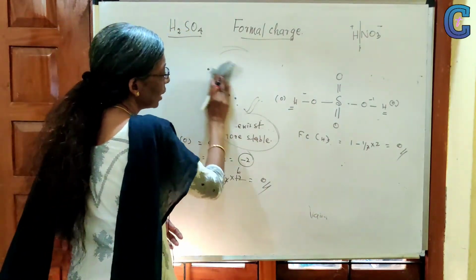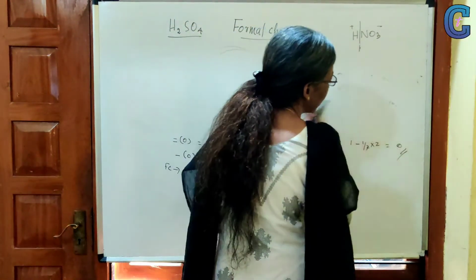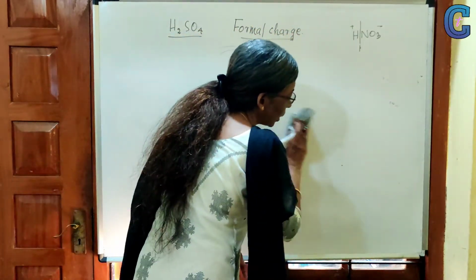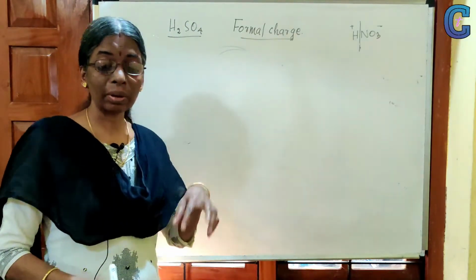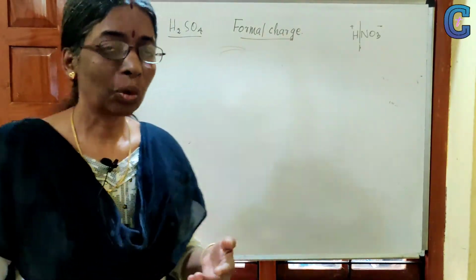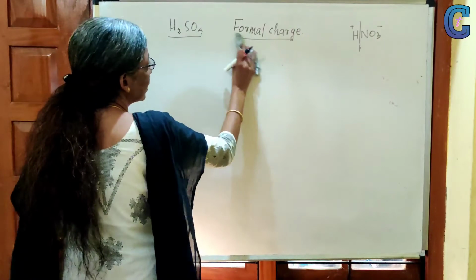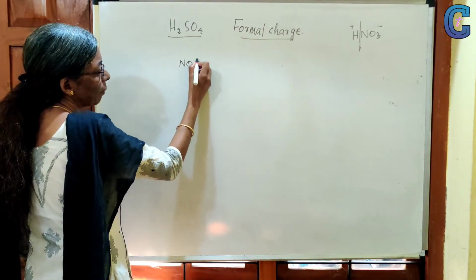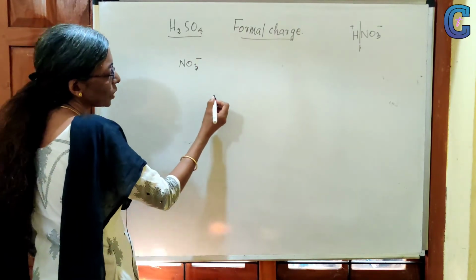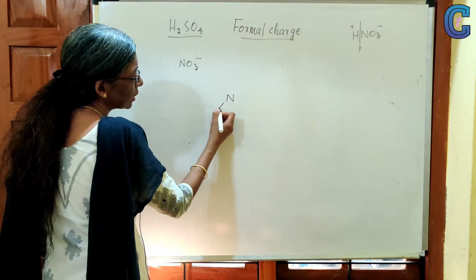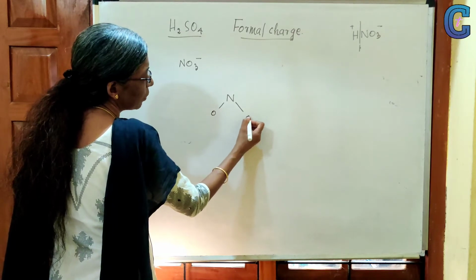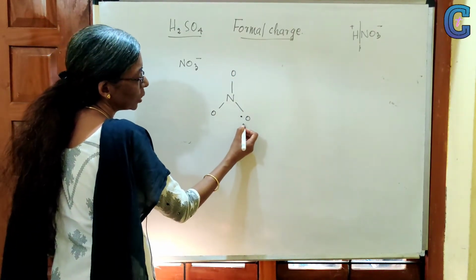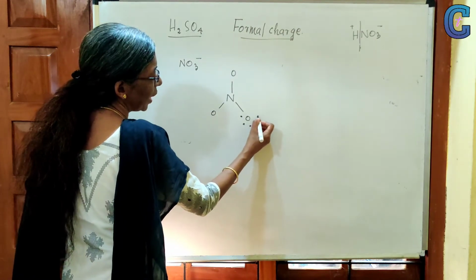You see here, how will you draw the structure for nitrate ion, NO3 minus? See here, I am writing all the possible ways. I think you will understand it better. This structure is very important. First step, we go for N with single bond O, single bond O, single bond O. For each oxygen: 1, 2, 3, 4, 5, 6.